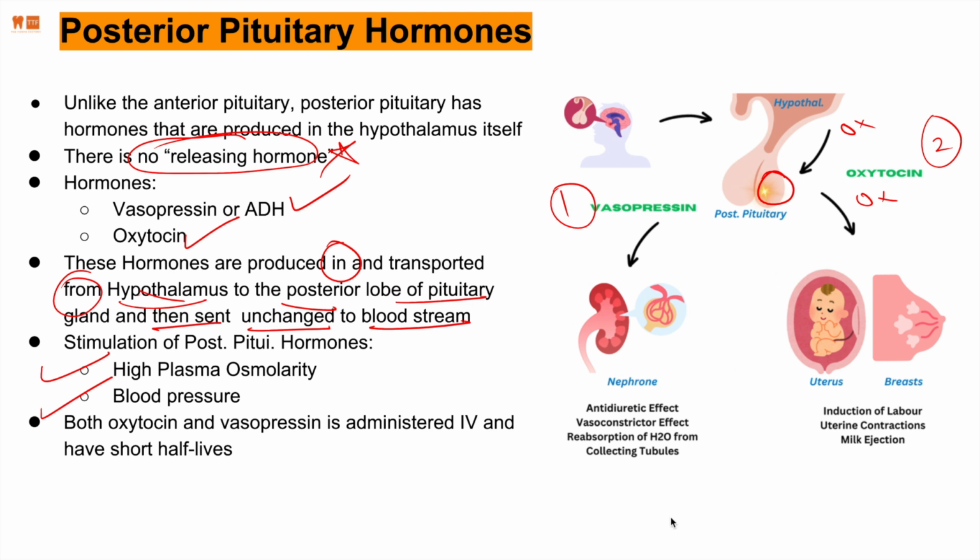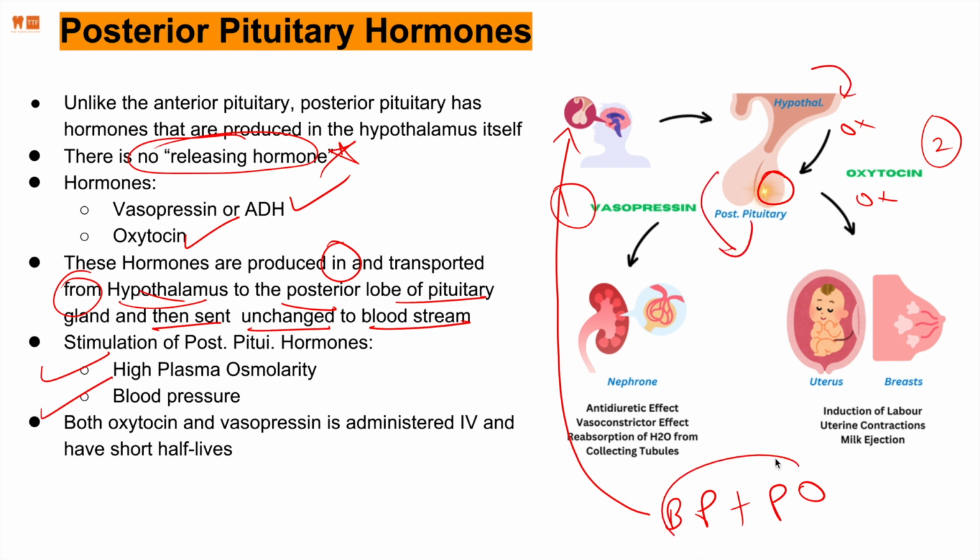Blood pressure changes and plasma osmolarity changes stimulate the brain and say, oh, okay, I need more vasopressin. Vasopressin goes out and affects the target tissue to control plasma osmolarity and blood pressure. Both oxytocin and vasopressin are administered either IV or SC and have a short half-life as well.